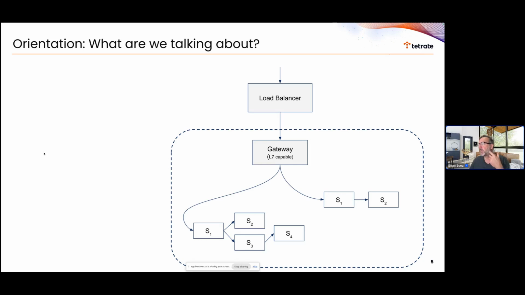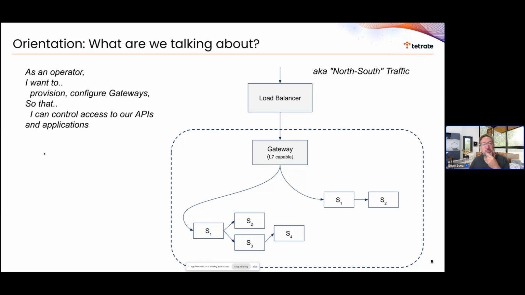If I had to translate this into, say, a user story, it would go along these lines. As an operator, I might want to provision and configure gateways so that I can control access to APIs and applications.